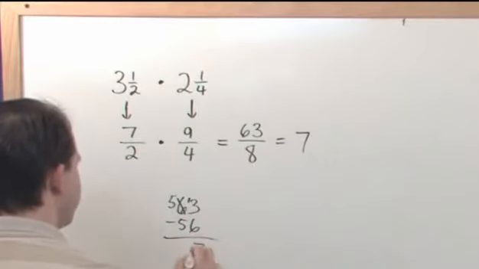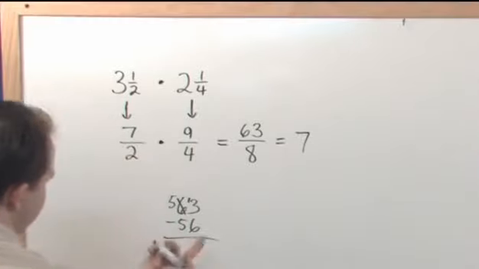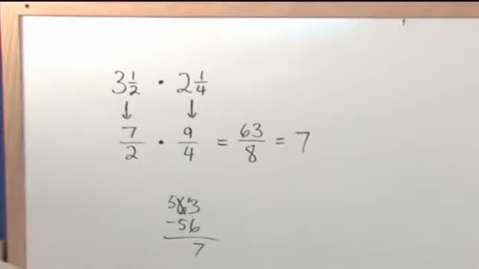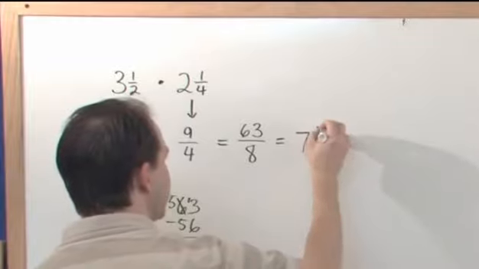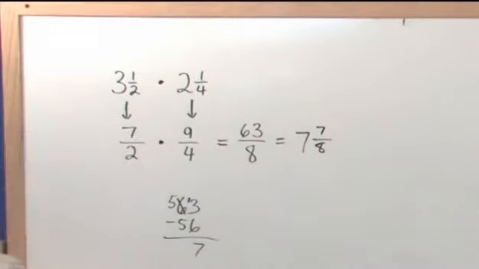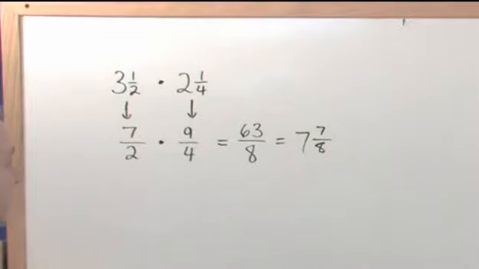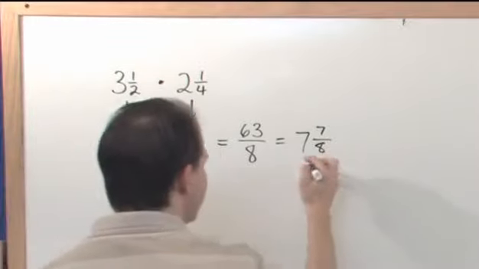So it's going to be 7. So 63 minus 56 is 7, because this 5 minus 5 gives you 0. So you write this over here. Since there's 7 left over, that's 7 over 8, because that's your bottom number. Your bottom number is going to hang along for the ride here. Okay. So let me make sure you understand what we did. The answer is 7 7/8 cups of batter.